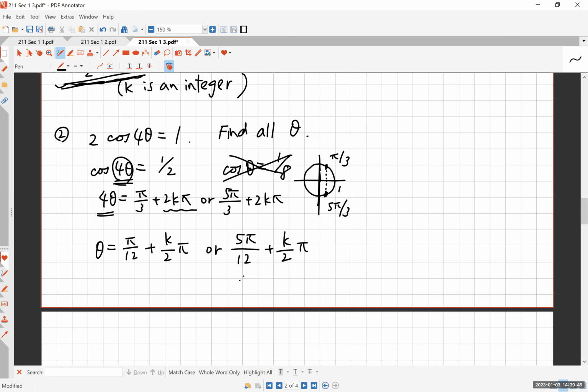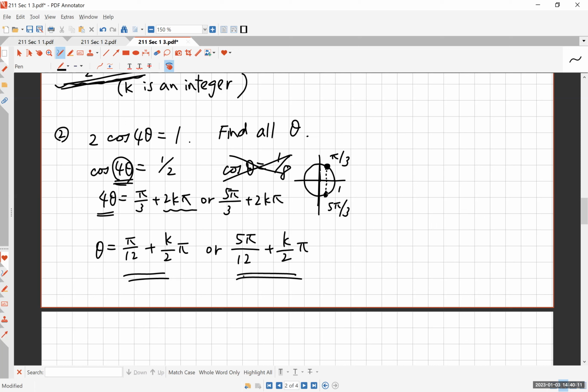And we have found all of the solutions. Now how do you know it's all of the solutions? Well, because we have identified every possible way to write these angles where the angle corresponds to either this point or this point on the unit circle. And those are the only points on the unit circle where the x coordinate is equal to 1/2. So this is how you solve that.